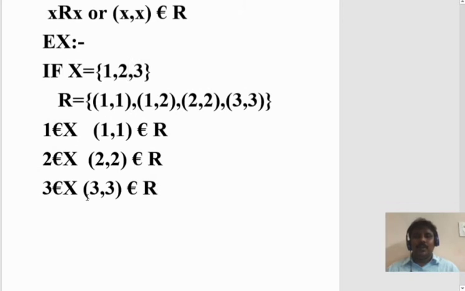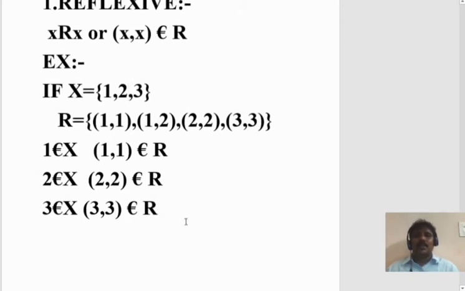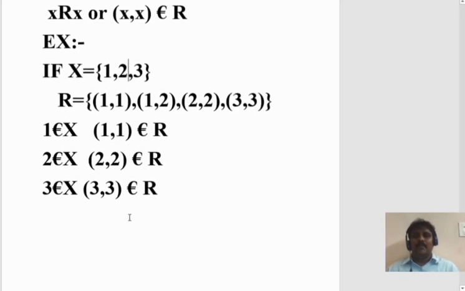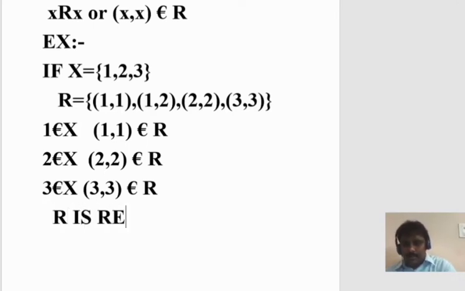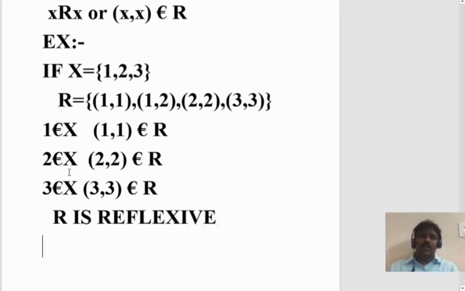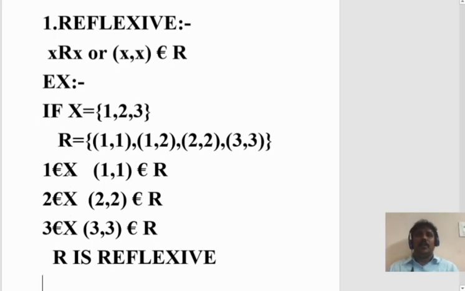Next 3 belongs to X, that means (3,3) belongs to R. Yes. Therefore R is reflexive. R satisfies the reflexive property.